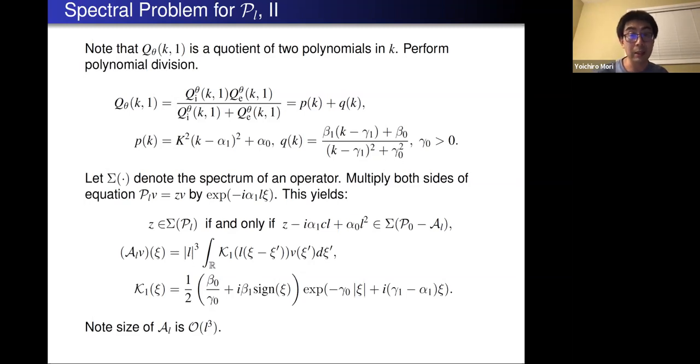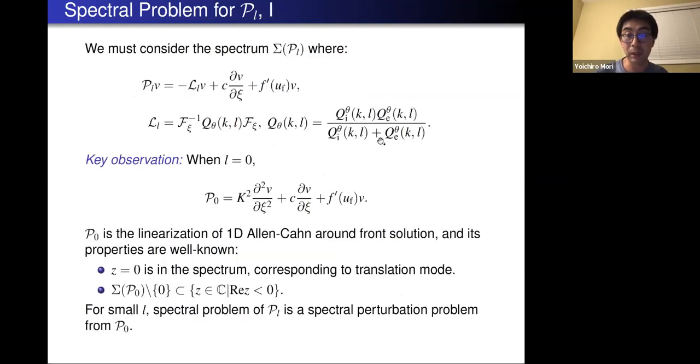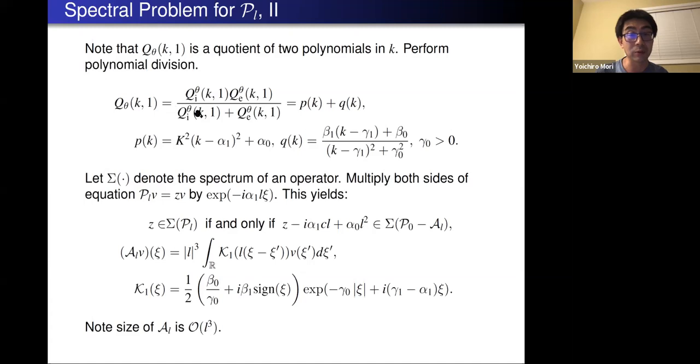Let us look at this Fourier symbol Q theta, and set L equal to 1. Now we have a fourth order polynomial in the numerator and a second order polynomial in the denominator.